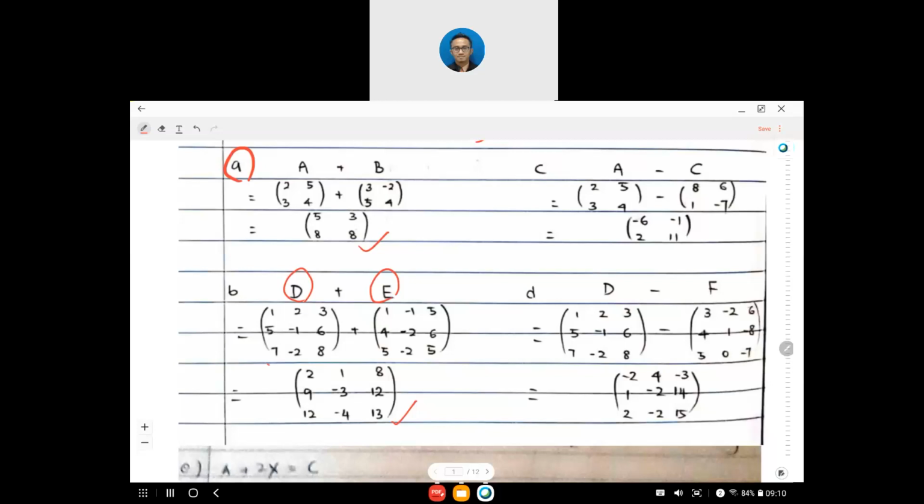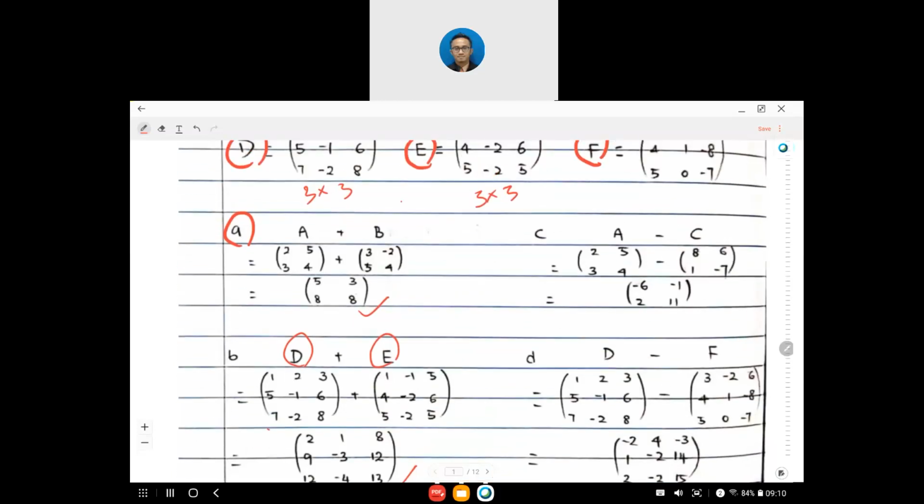Okay, and then C. For C you want to find A minus C. Minus pun sama juga. Awak kena tengok dia punya size should be equal. Must be equal, baru awak boleh solve. So matrix A is 2, 5, 3, 4 and matrix C is 8, 6, 1, negative 7.